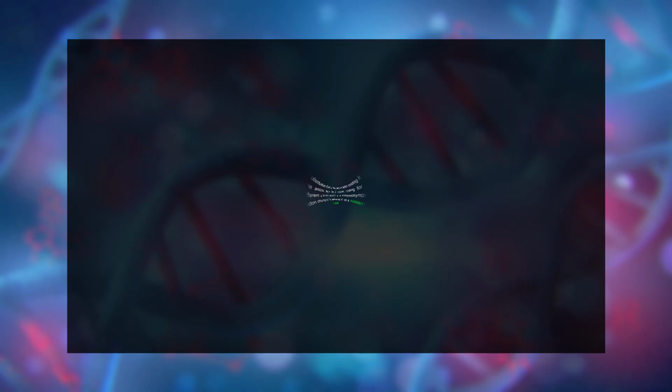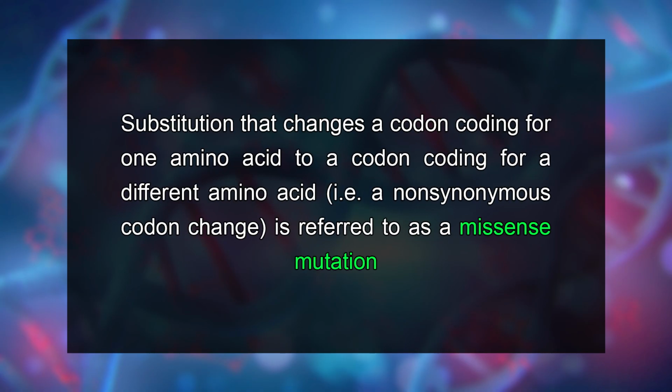A synonymous codon change, or silent mutation, single nucleotide polymorphism is one that does not result in a change of amino acid because of the degeneracy of the genetic code. A substitution that changes a codon coding for one amino acid to a codon coding for a different amino acid is referred to as a missense mutation.